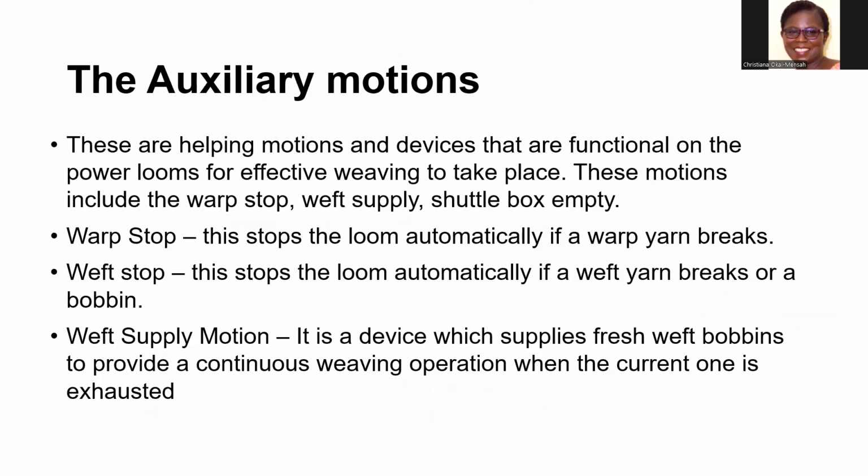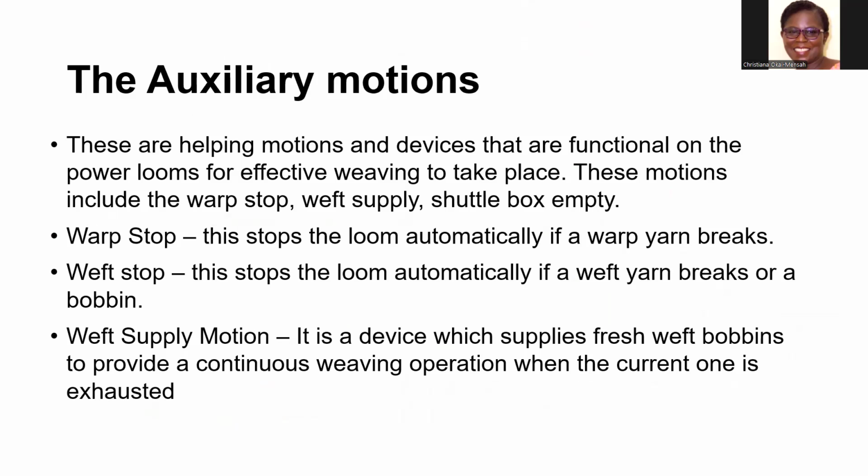Okay. So the auxiliary motions. These auxiliary motions are helping motions in the industry. They help because during the weaving process, everything is automated. It means that it's power, electricity, which is doing everything.